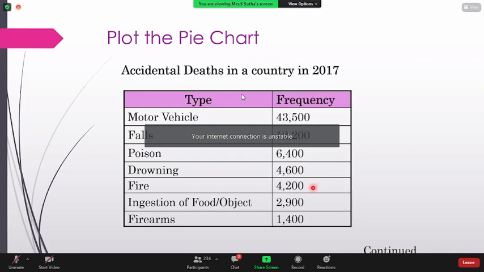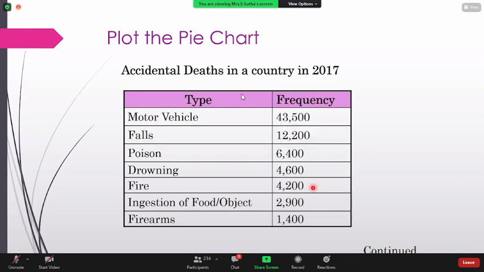To plot the pie chart, what do we have to calculate next? Relative frequency. How can we calculate the relative frequency?